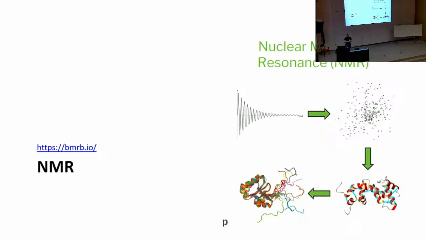The second method is NMR. In NMR, we collect the resonances from the radio frequency, and then we get the chemical shifts, usually in 2D or even 3D. From that, we count the distances for some amino acids, and then we run molecular dynamics simulations or AlphaFold these days to generate the ensemble of structures that fit the coordinates and constraints coming from the experiment.